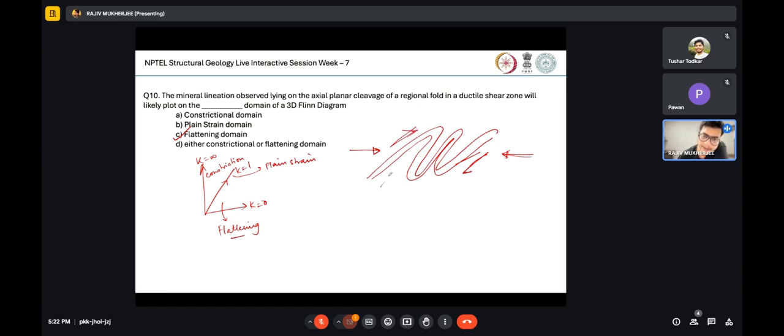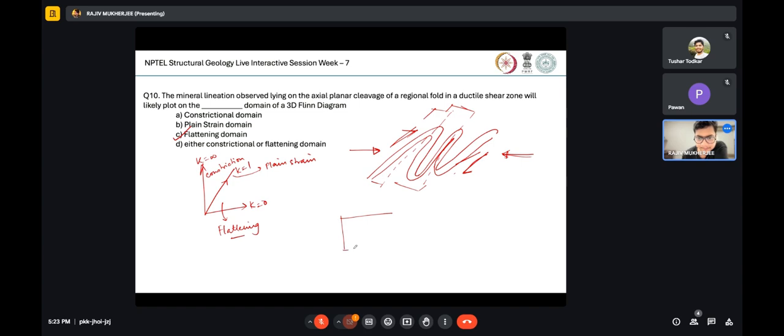So what is happening is that the axial planar cleavages that are being formed like this, they are the result of continuous flattening of the material on the axial plane, right?